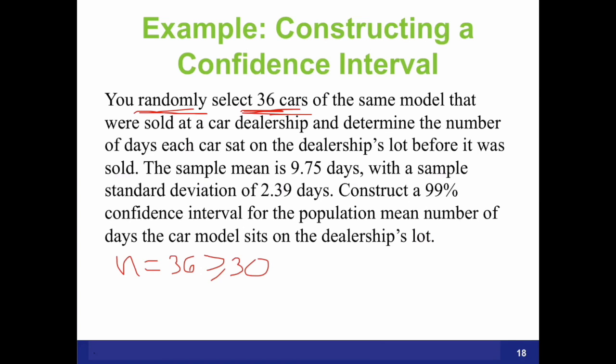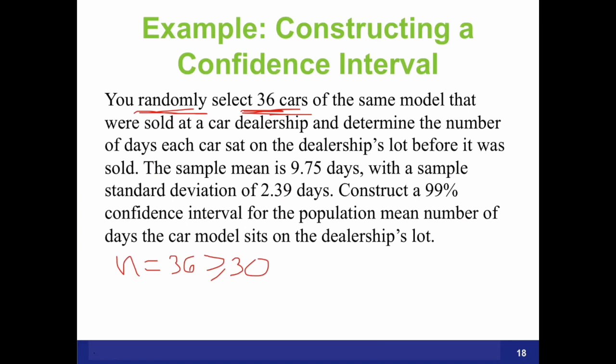If we find it, it's okay. If we don't, it's okay as well, because now we have n greater than or equal to 30, and therefore the central limit theorem guarantees that the distribution of the sample means is going to be approximately normally distributed. Even if the standard deviation of the population is not known, we can use the estimation produced by the sample standard deviation to calculate the t-statistic.